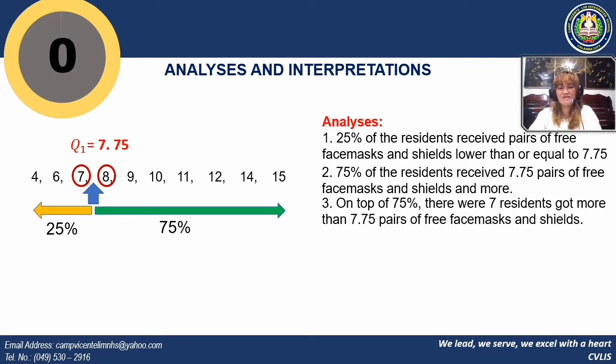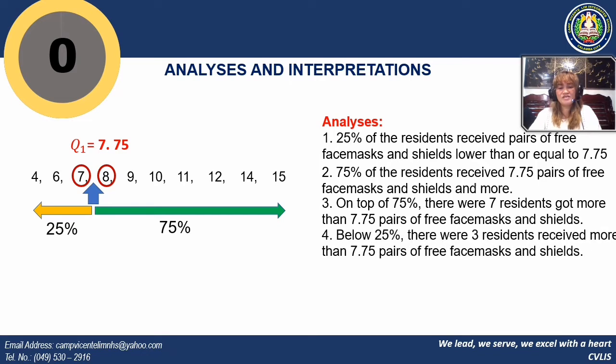Third, on top of 75%, there were 7 residents who got more than 7.75 pairs of free face masks and face shields. Fourth, below 25%, there were 3 residents who received more than 7.75 pairs of free face masks and face shields.